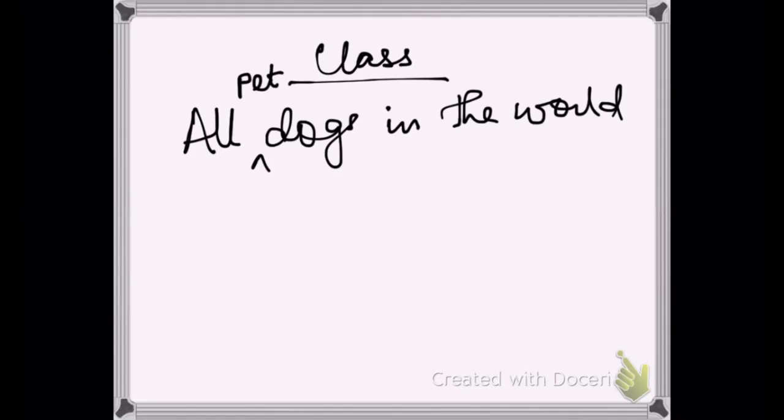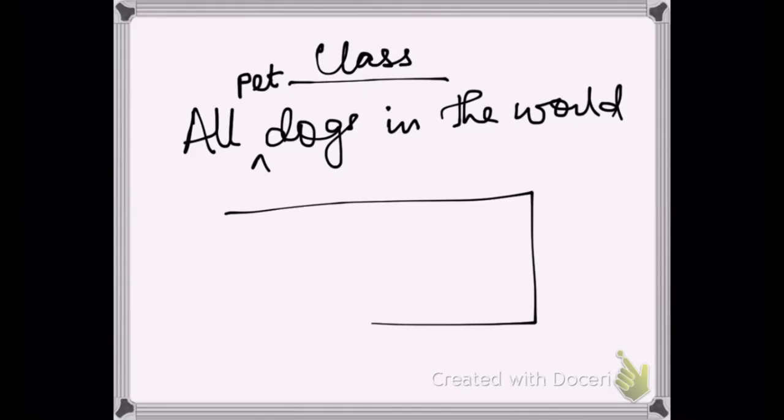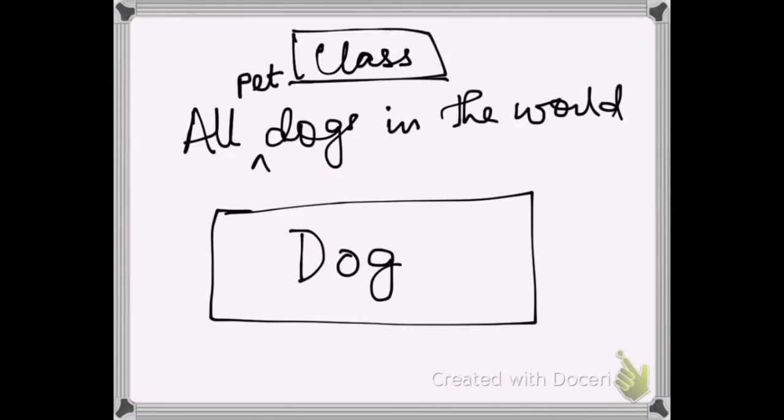So all pet dogs in this world, I can put inside a particular grouping called a class. So I can have a class called dog. This is a grouping of all pet dogs in the world. This is what we mean by a class. A class, you can think of it as a template. Out of this template, you can have as many objects as you want.